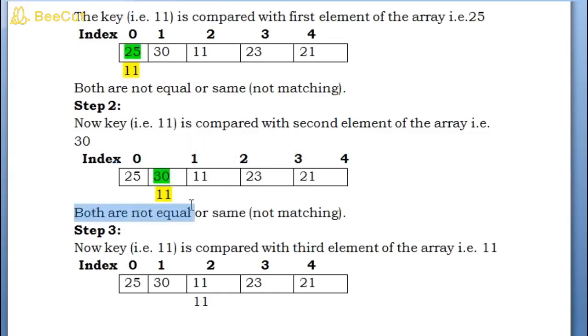No, both are not equal or the same, not matching. The key is not matching with the array element 30. So we move to the next step, that is step 3.